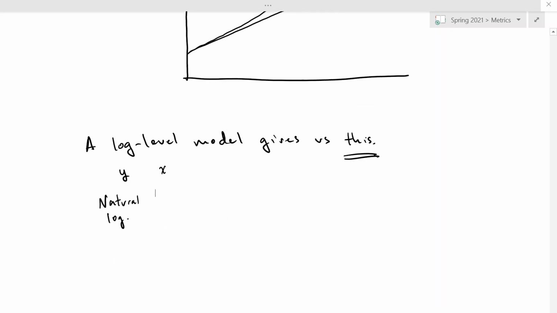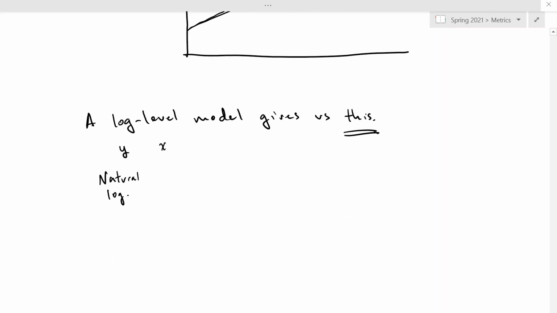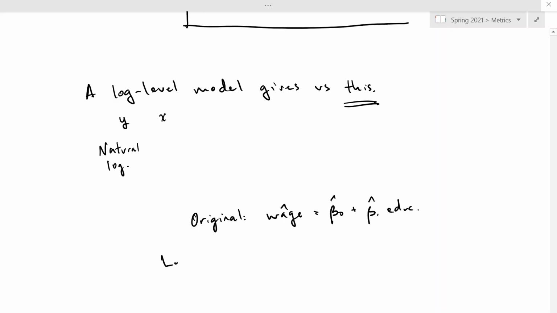So essentially what we have is, let's take the same original equation where we have wage as a function of education. But the log level model is the log of wage, and then the right hand side is the same.